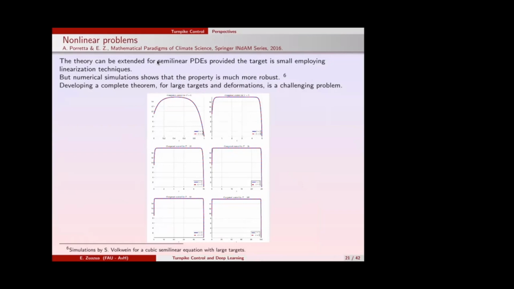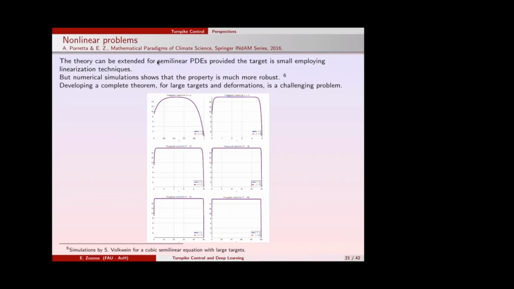In the nonlinear context, there is still plenty to be done. We observe that the Turnpike principle is very robust. You observe it computationally when you do nonlinear control systems as well. But we don't yet have a complete theory showing that indeed the Turnpike theory also applies in the nonlinear context.